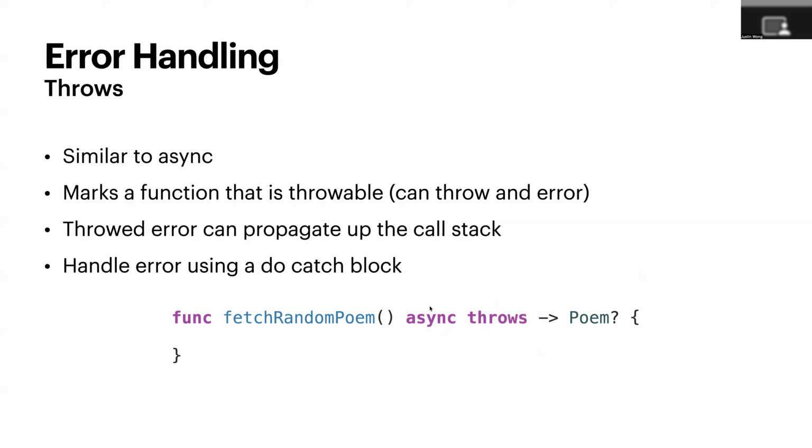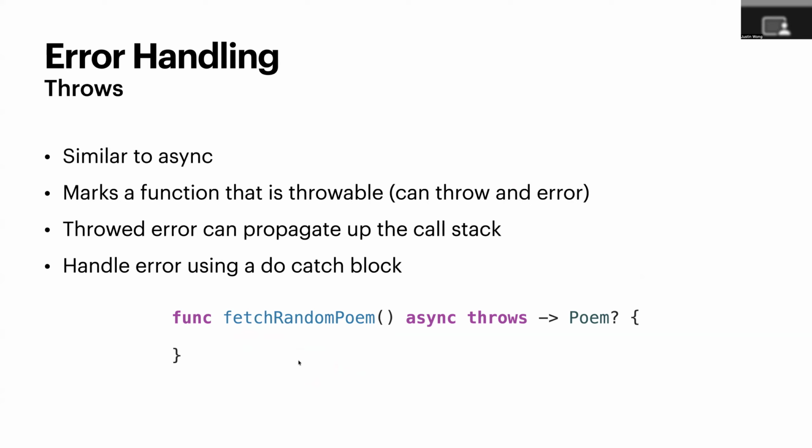So for example, let's say I have a function that calls this function fetch random poem. And fetch random poem calls URLSession.shared.data, right? That URLSession.shared.data also throws. So let's say we're trying to make a request to the server at a given URL, and that fails.